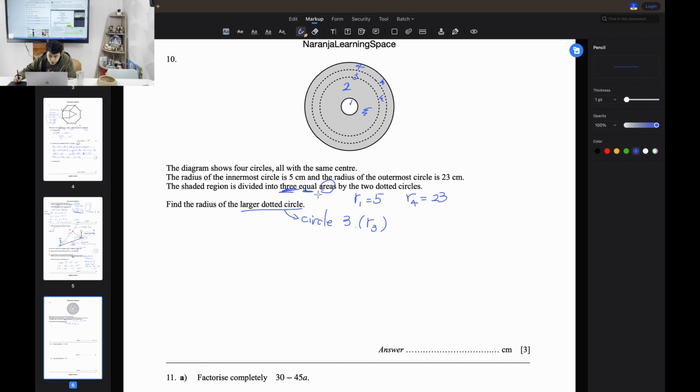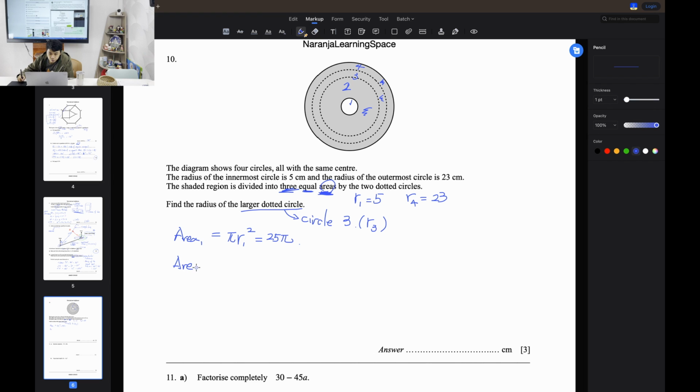Do note that the equal parts are all about areas. So first of all, we need to find the area of circle 1. Area 1 equals pi R1 squared equals 25 pi, right?